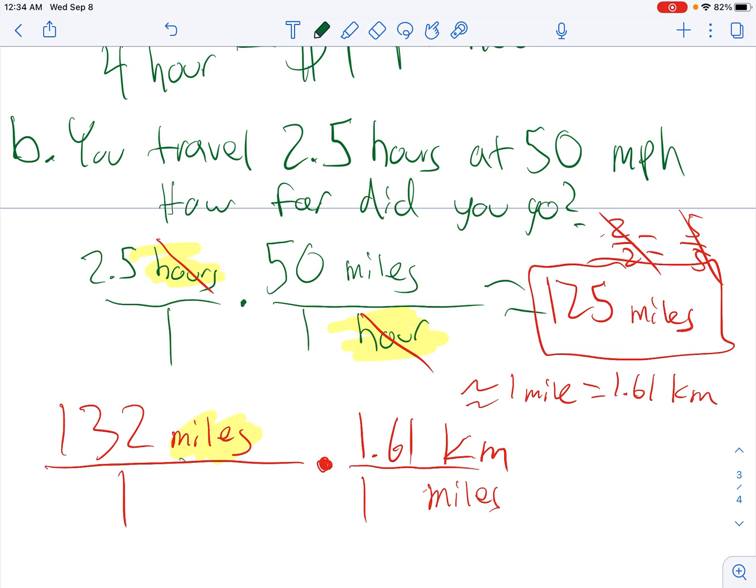What I put on the top has to be equal to what's on the bottom, even though they're different, because again, I'm talking miles and kilometers. So if I multiply across, I get 132 times 1.61, which is approximately 213. And then if I look at the bottom, 1 times 1 is just 1. So that kind of cancels out.